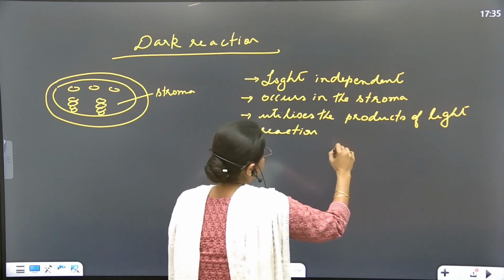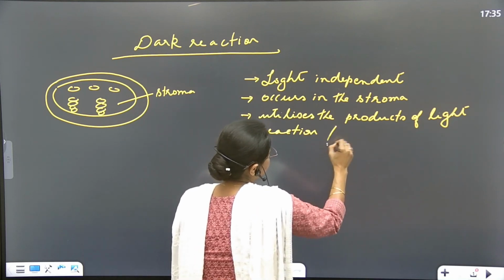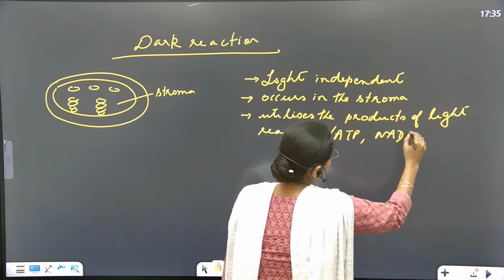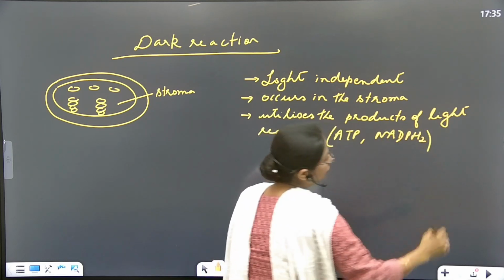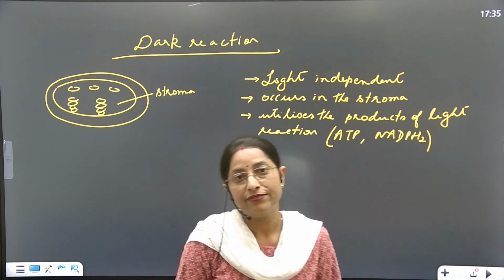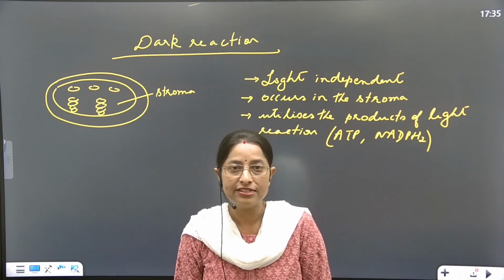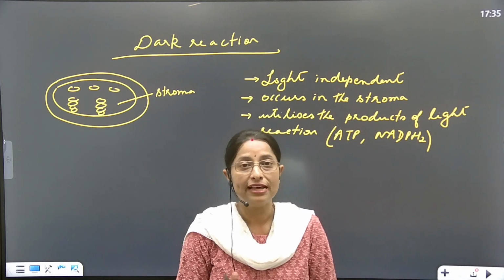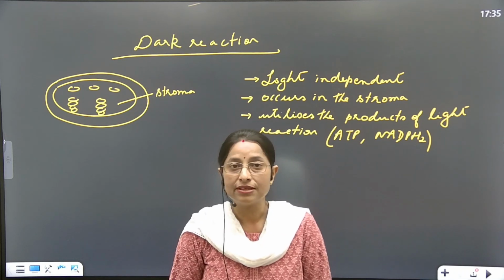The reaction utilizes a product of light reaction. Here we are talking about what? ATP and NADPH2, right? If you remember, whenever we talk about the products of light reaction, we have talked about three products, right? ATP, NADPH2, and together with that, oxygen evolution is also something that we see.